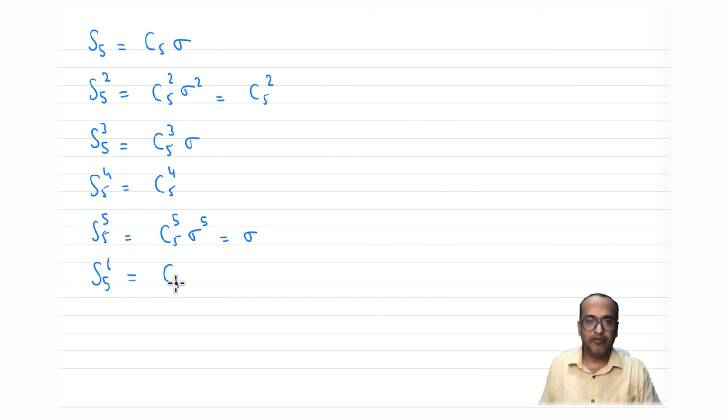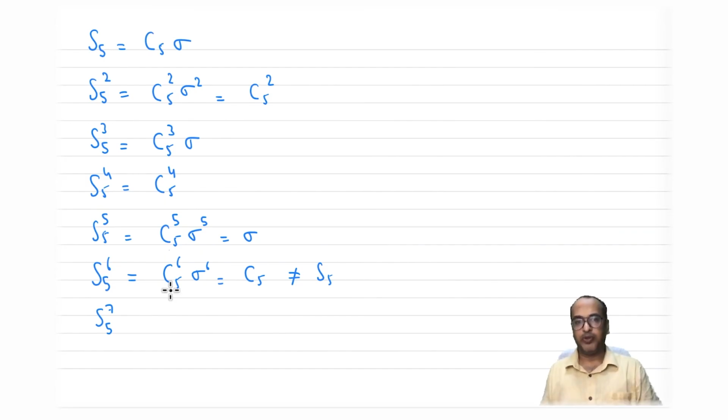This will be C5 to the power 6 sigma to the power 6, which is C5 done once and sigma. So this is not equal to S5. That means we need to keep going, because we are still getting non-redundant operations. Let's keep on going until we actually get the same operations back. When the redundancy starts, we need to stop. Until then, we need to keep on going.